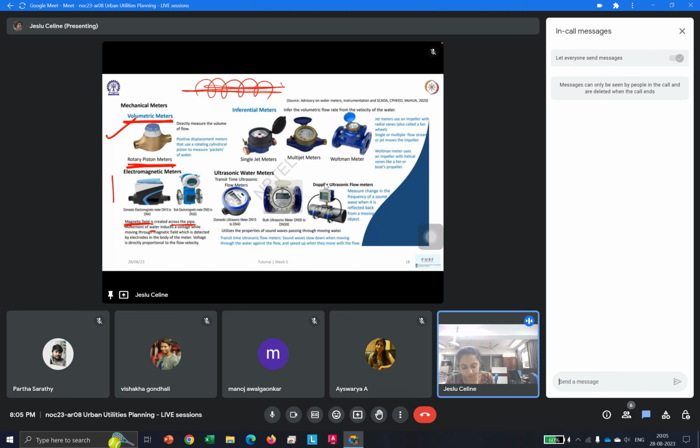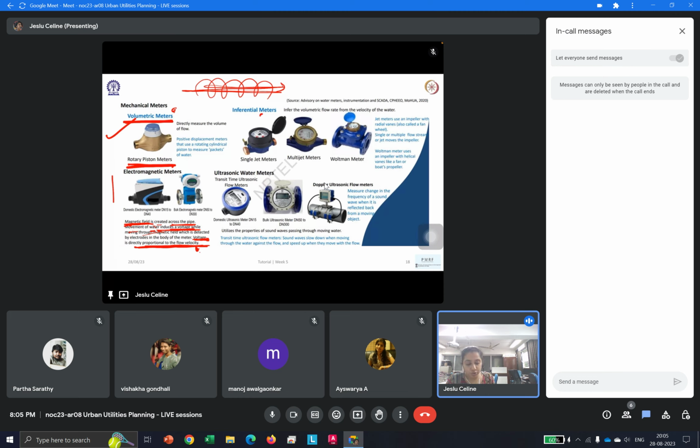So the magnetic field is created across the pipe, and because of this it induces a voltage difference, and this voltage difference is directly proportional to the flow velocity. So you measure the voltage. The question was volumetric flow, so this doesn't take the volumetric flow, it takes the voltage and then calculates the flow velocity. That is what electromagnetic meters do.